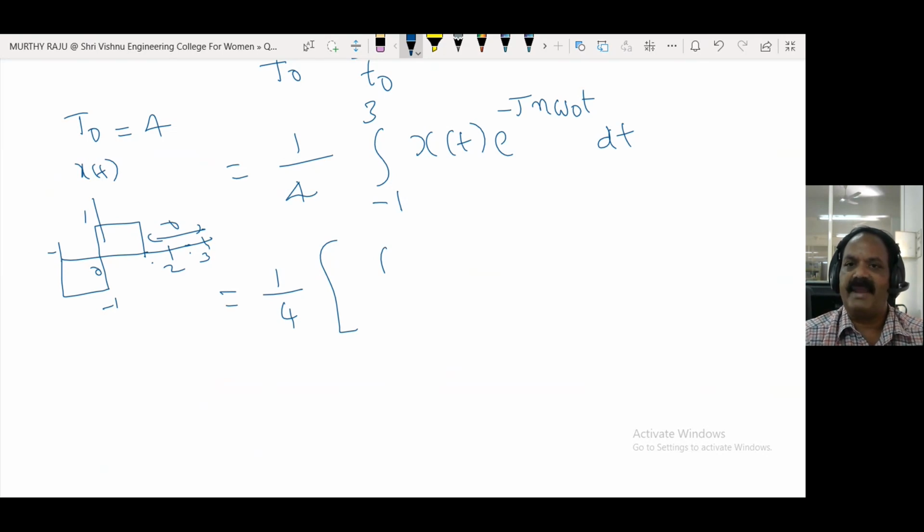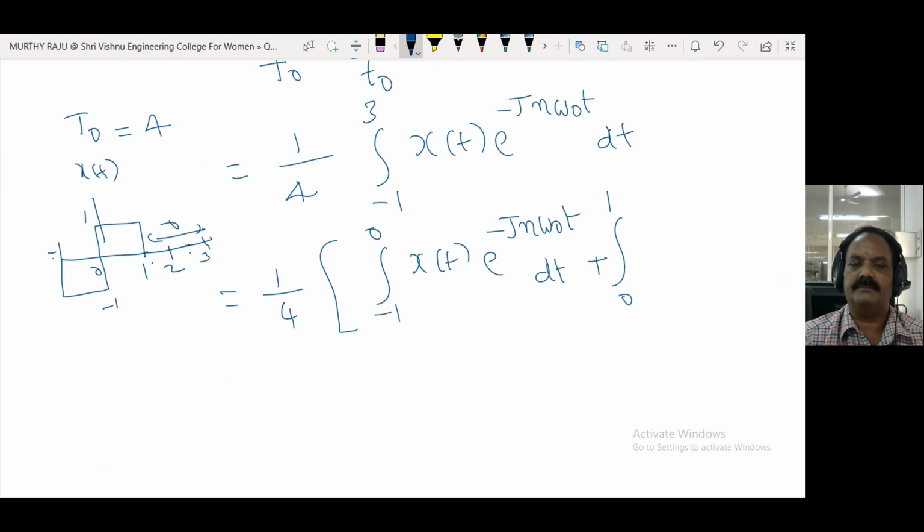So we get the integral from -1 to 0 of x of t e power -j n omega naught t dt, plus the integral from 0 to 1 of x of t e power -j n omega naught t dt.